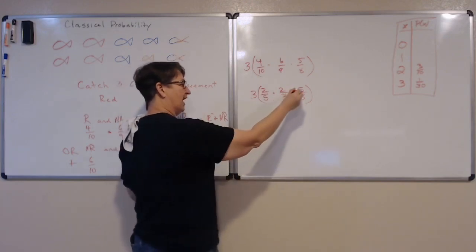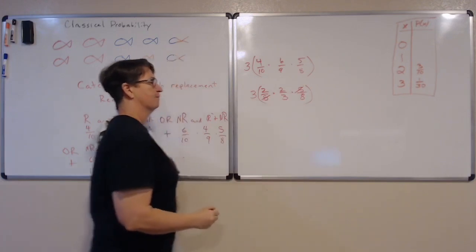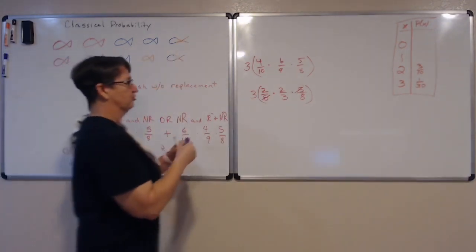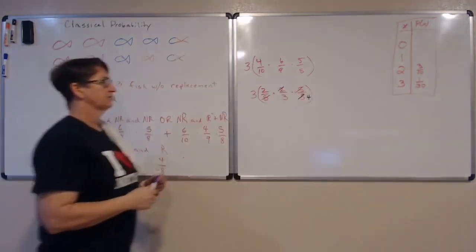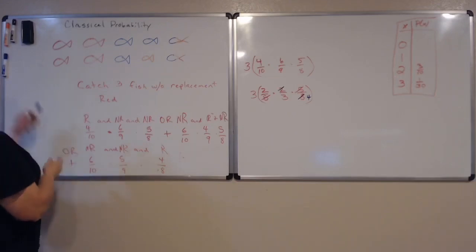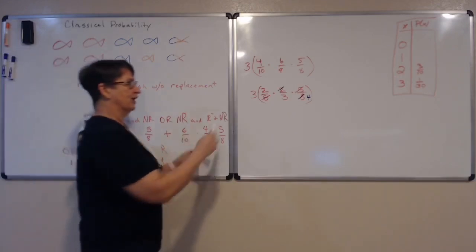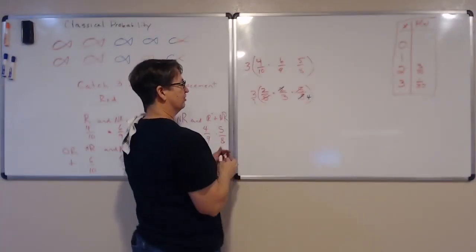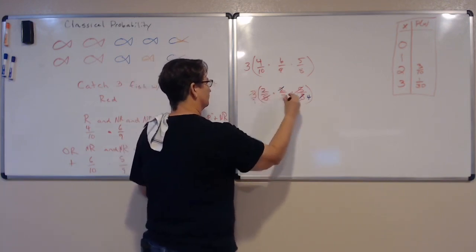Notice there's a 5 here and a 5 there. Notice this 2 goes into that 8 4 times. And then this 3 out front really is over 1. So this 3 and that 3 we can simplify as well.